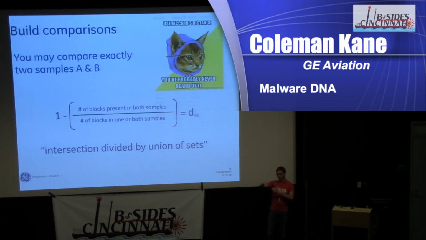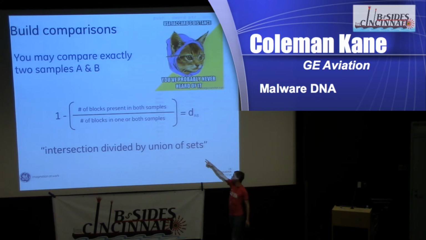Remember how I showed you that I have a large list of blocks? I have all those unique block hashes in each one of the malware samples. So what I can do is take what I call the intersection of those two. Like I pointed out before, there were maybe 20 blocks, and 2 of them were common between multiple samples.